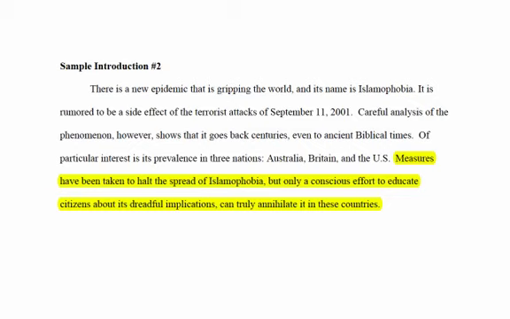I can agree and disagree with the second part of the sentence. Only a conscious effort to educate citizens. I could say, oh, yeah, that's how you deal with prejudice, bigotry, stereotypes. We need more education. Or I could swing the other way and say, that's all? That's your great idea to get rid of this horrific epidemic?